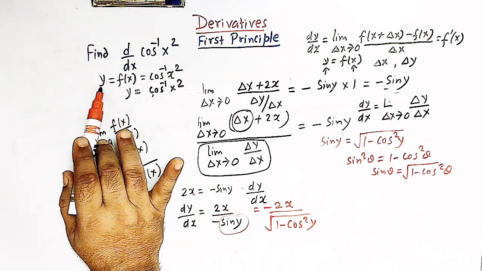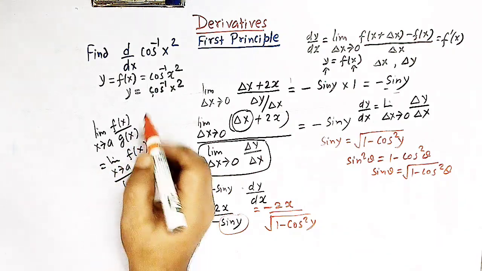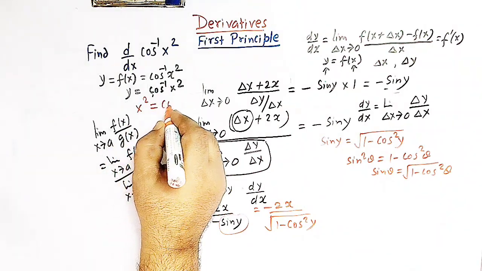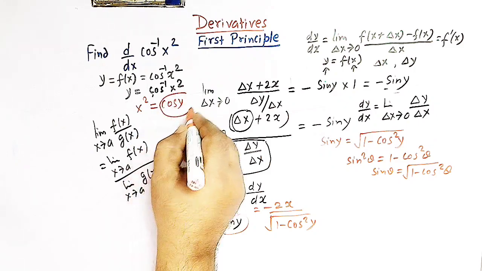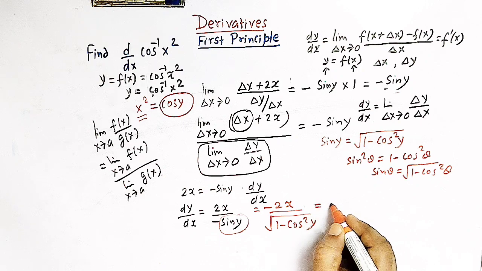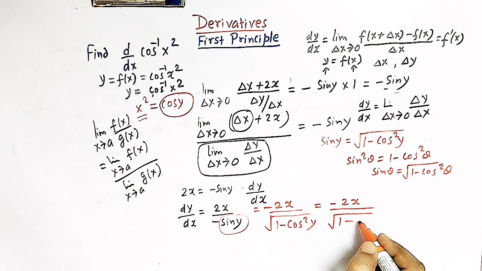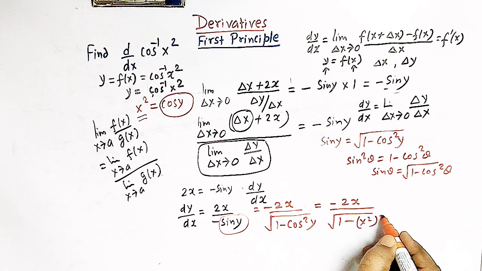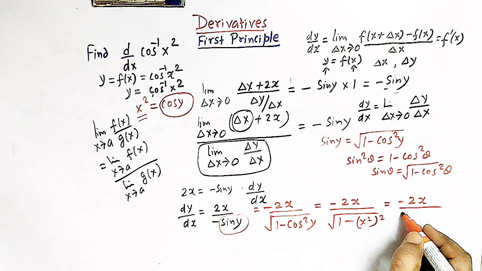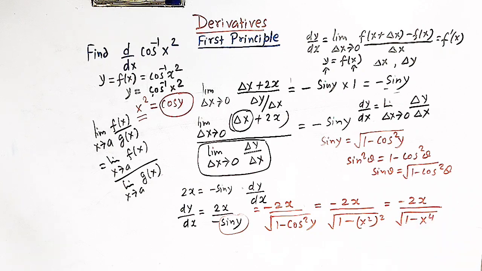Now see, initially we have assumed that y is equal to cos inverse x square. So x square is equal to cos of y. So now taking cos y is equal to x square, over here we have minus 2x divided by square root of 1 minus x square whole square. So this is minus 2x divided by square root of 1 minus x to the 4, right?